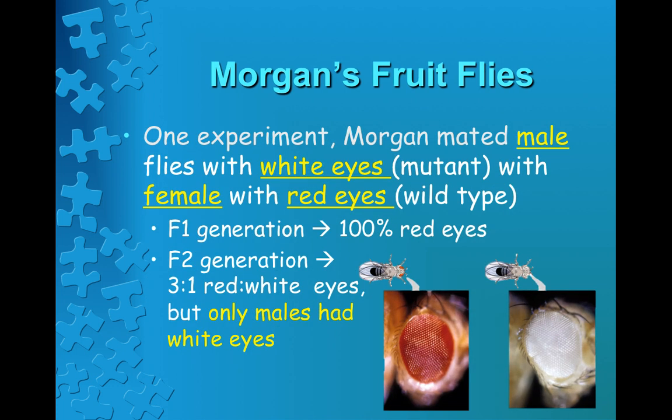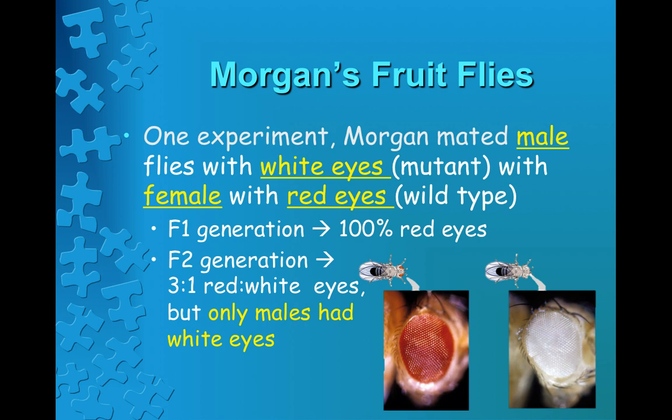One of Morgan's early experiments was to take a male fly who was a mutant, so white eyes, and mate it with a female who was red eyes or wild type. What he found in that first generation, or that F1 first filial generation, is that 100% of those offspring all looked wild, they all have red eyes.